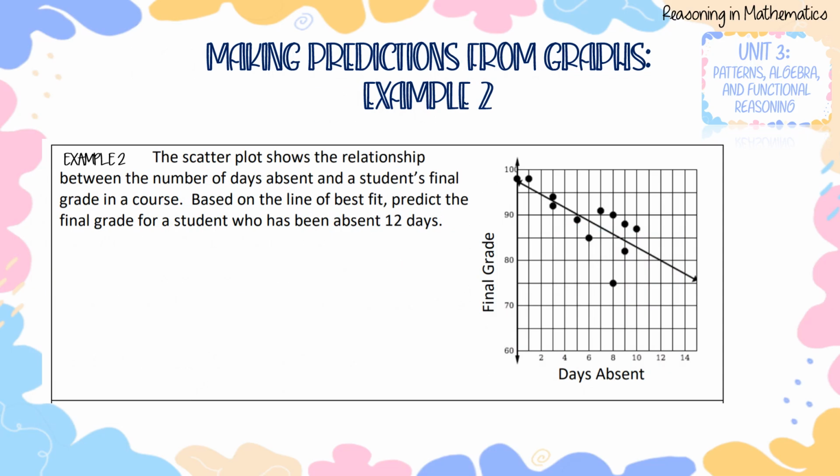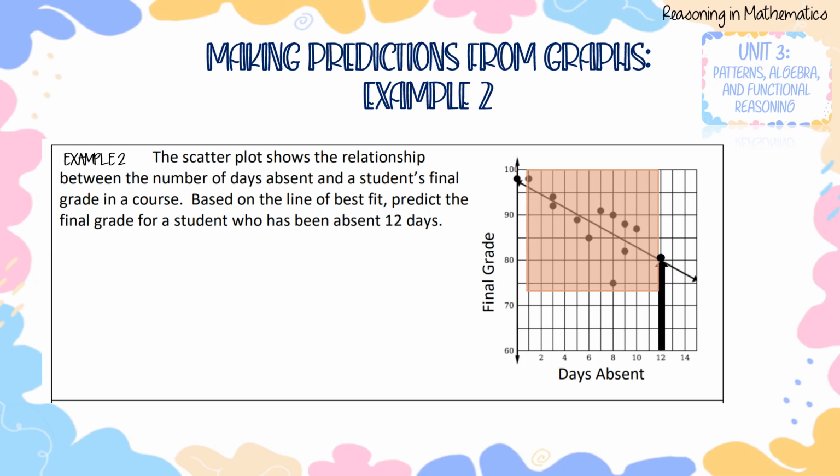Example number 2. Scatterplot shows the relationship between the number of days absent and a student's final grade in a course. Based on the line of best fit, predict the final grade for a student who has been absent 12 days. So there is the range of values that our data is in, and we have to see if the 12 days is inside there or not.